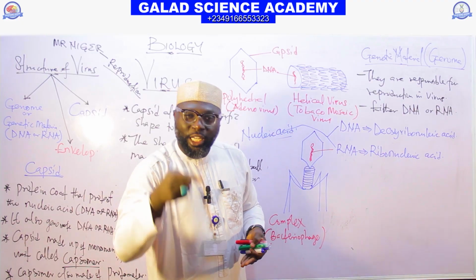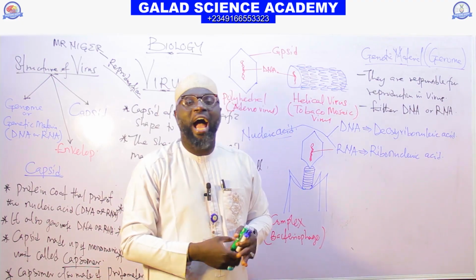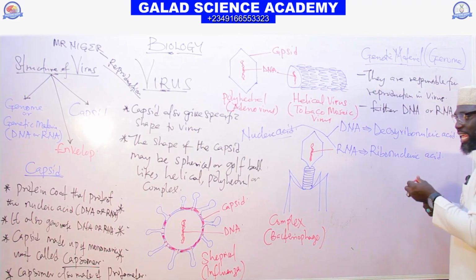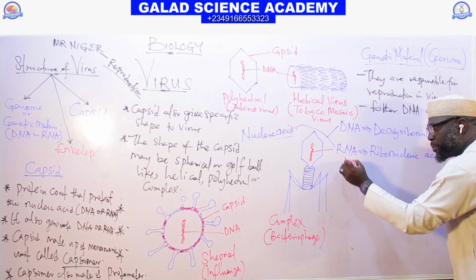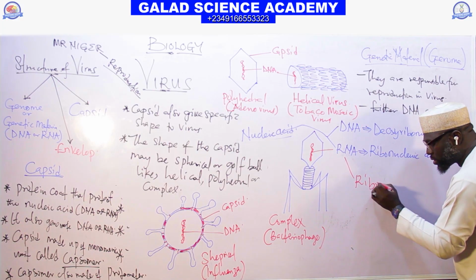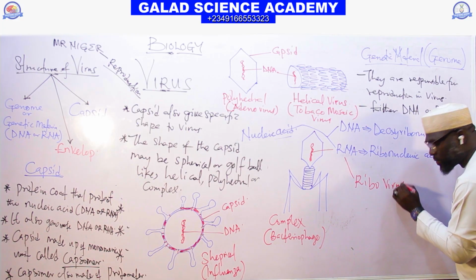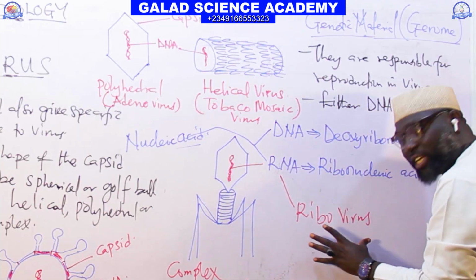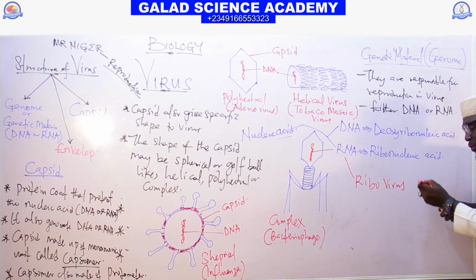Any virus that has RNA is called ribovirus. That is, viruses that contain RNA are called ribovirus, and the ribovirus can be grouped into two parts.